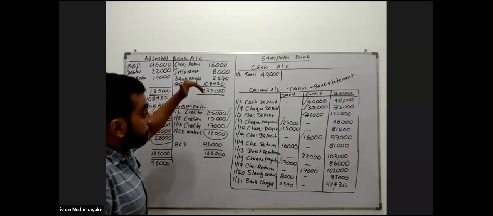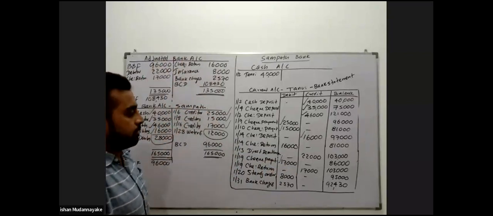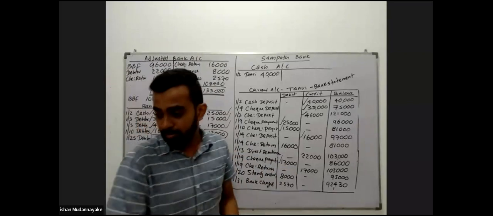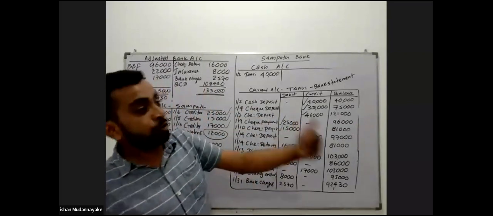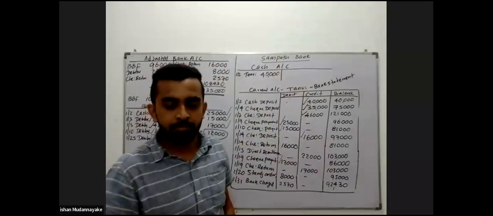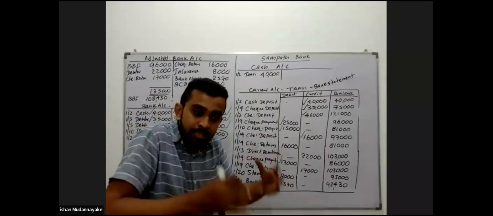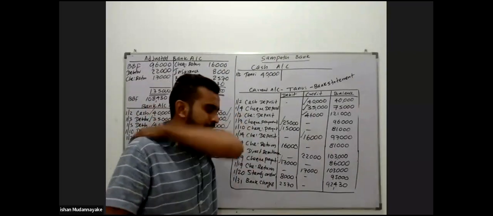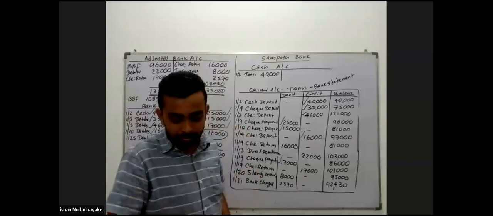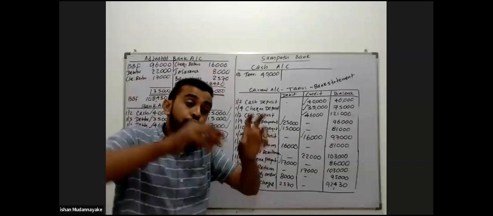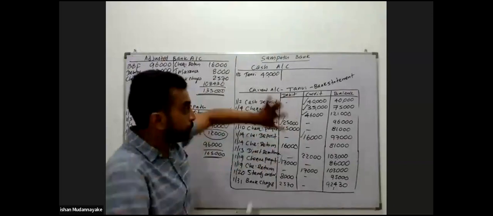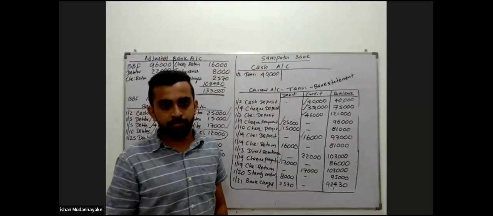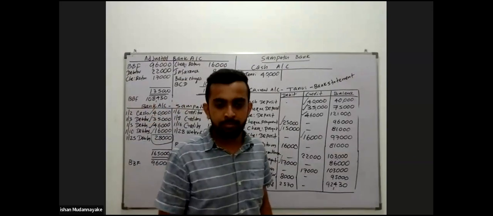Tharun is the accountant of this business. Tharun needs to provide reasons for the difference to the top management. He has adjusted his bank account, but still there's a difference. How to provide answers?